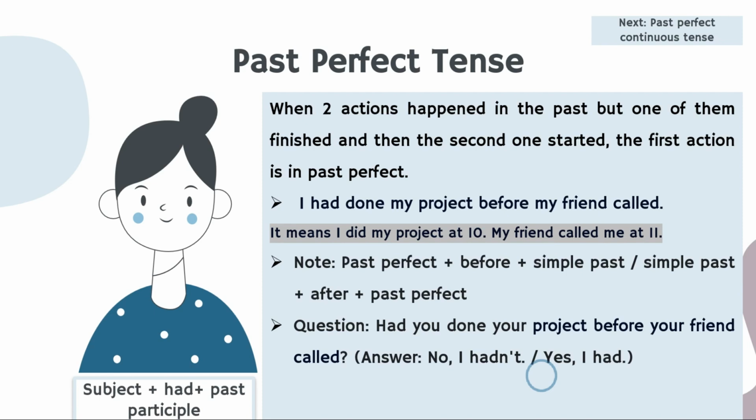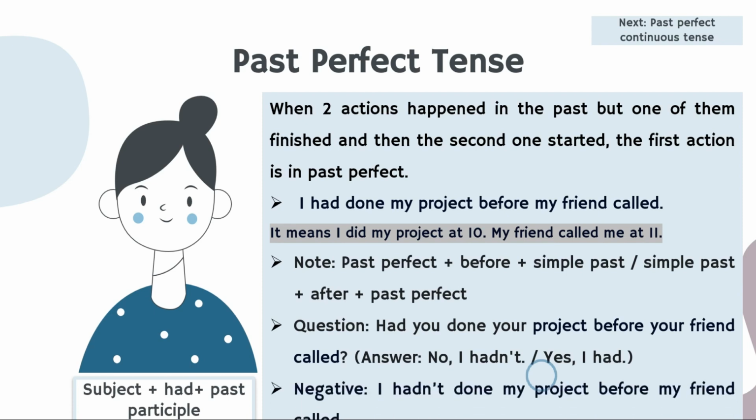Had you done your project? And to make negative sentences, we just add not to had. I hadn't done my project before my friend called. And to conclude, the formula to make past perfect tense is subject plus had plus past participle.